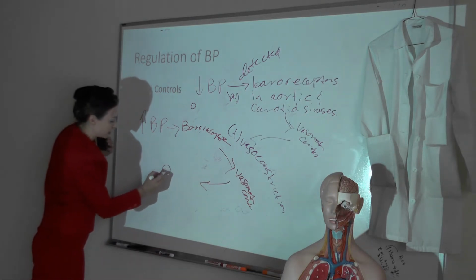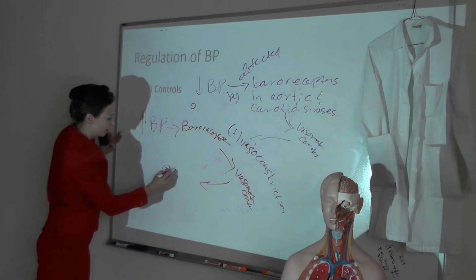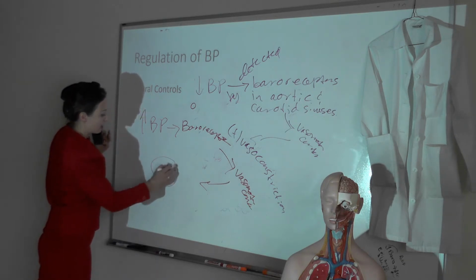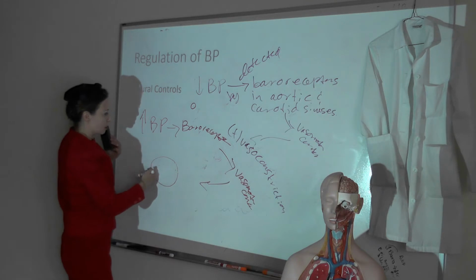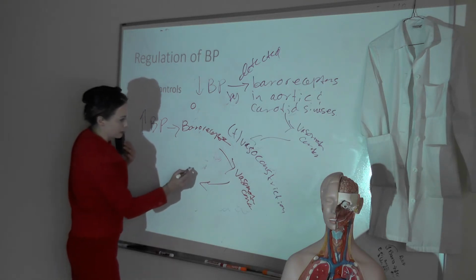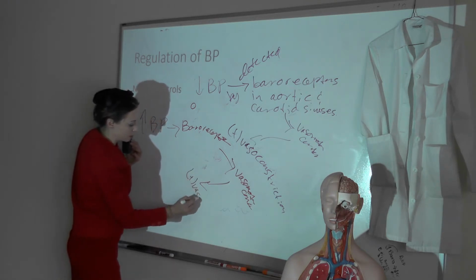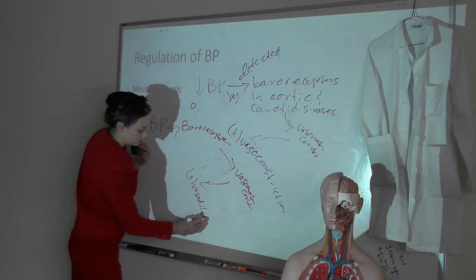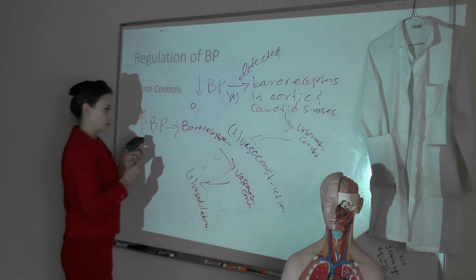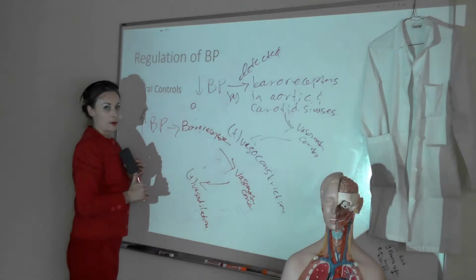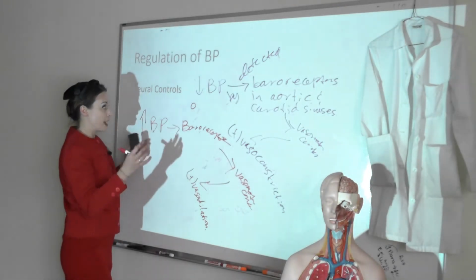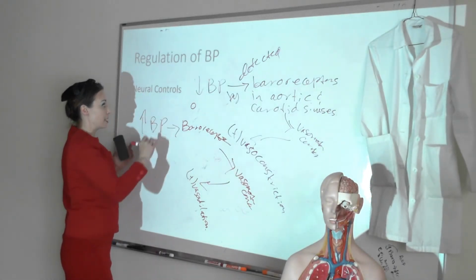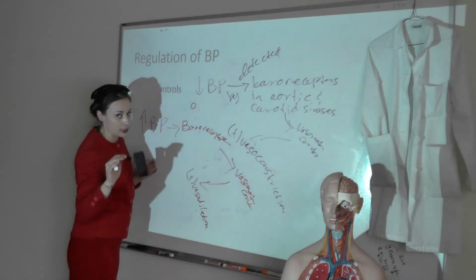So now if I was here exerting this much pressure, if I come out, then there's less pressure. So the vasomotor center here is going to stimulate vasodilation. It's going to be my most direct, fastest way to regulate blood pressure at the blood vessel level.